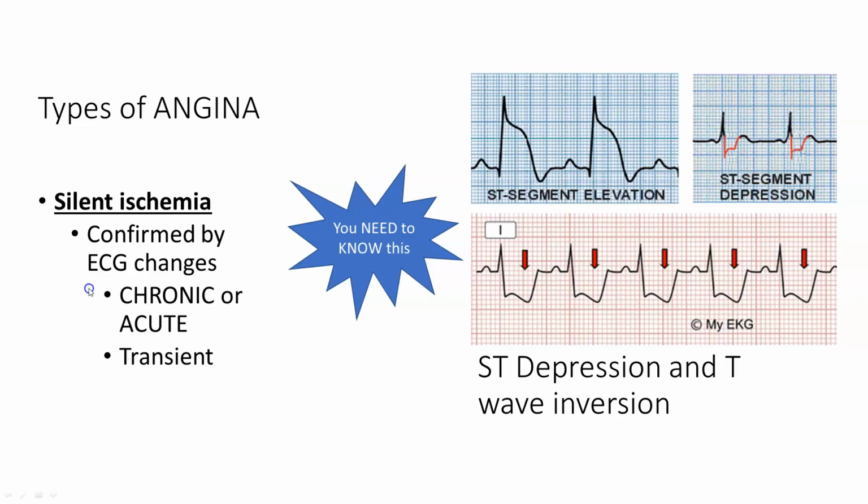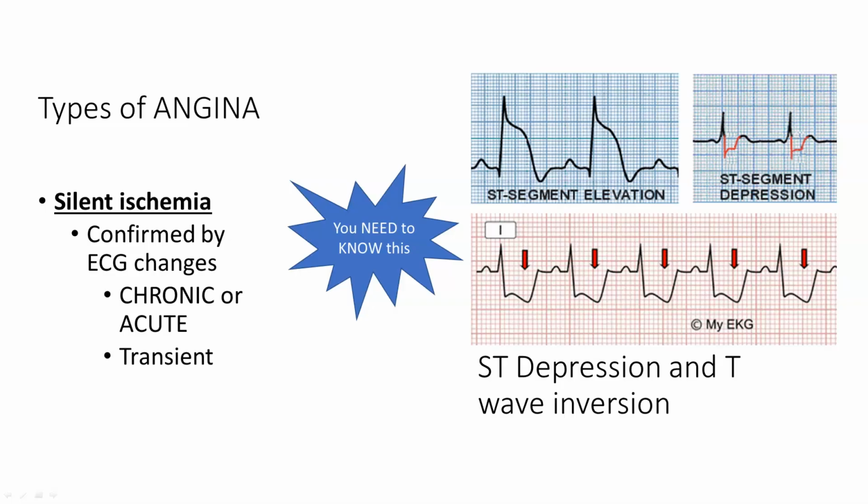Silent ischemia. So we've talked about coronary artery disease, and we talked about those compensatory mechanisms. You need to understand acute versus chronic. All right, so silent ischemia, they may not have typical presentations of chest pain, but once I do make the determination to get a 12 lead, what I could see is ST elevation.